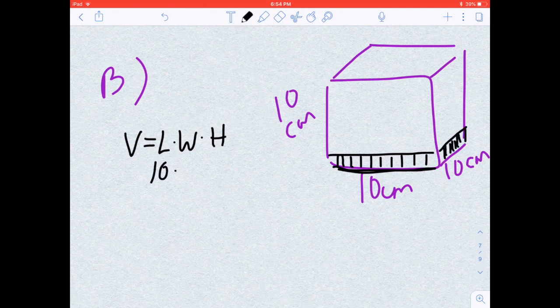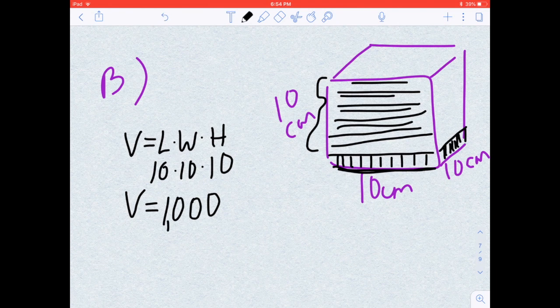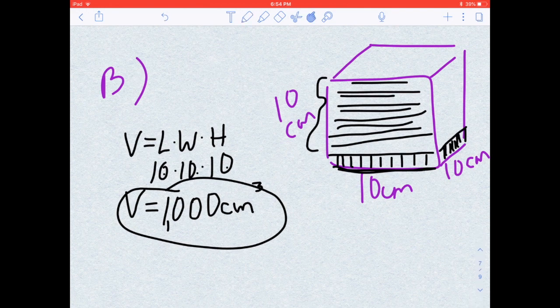So length times width, and then my height is this part. It's like saying I have 10 rows, for lack of a better way to do it, of those cubes. So my volume is going to be 1,000. I can count my zeros. Centimeters cubed. Okay, make sure you have the little 3 because it's 3D.